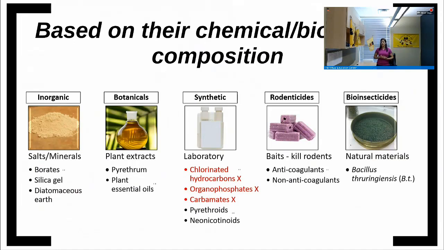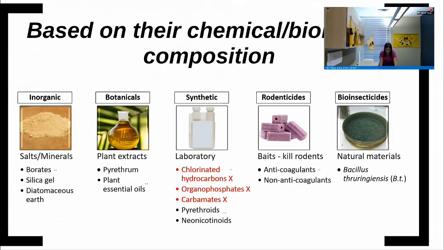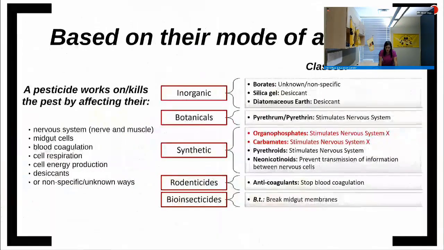It breaks down the midgut so the larvae cannot feed and will die. And it has a very low toxicity to humans and other animals. It's very specific to mosquitoes. So, attention in your evaluation.